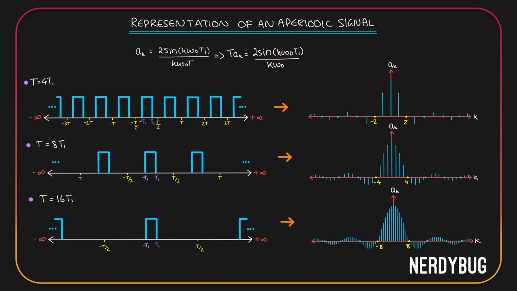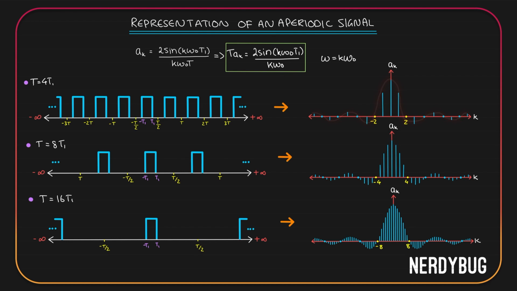We have k omega naught here, we have k omega naught here. It is simply an integer multiple of the fundamental frequency omega naught. Let us call it omega. Omega is equal to k omega naught. Now if we try to plot the function T a_k, what we will get is actually the envelope of the plot of a_k.